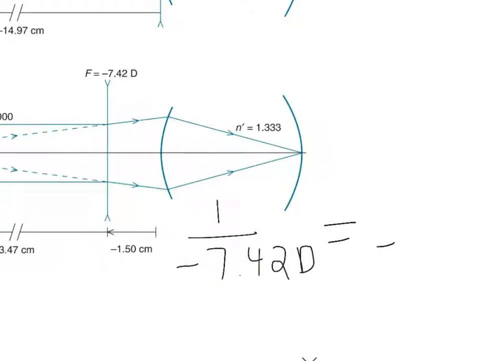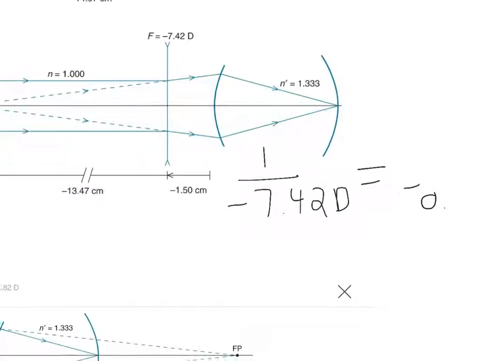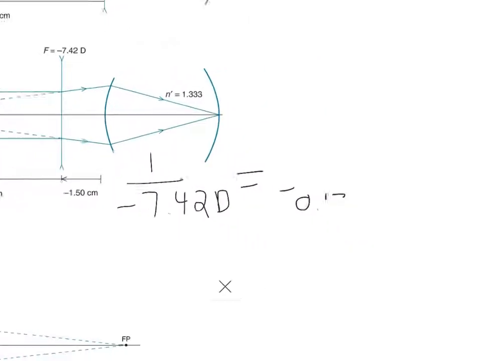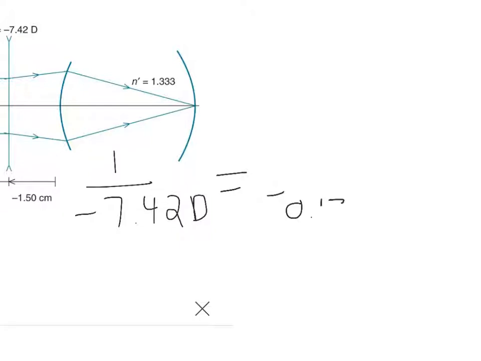minus 0.1347 meters. It's the same thing as minus 13.47 centimeters. So that's the far point of the eye.